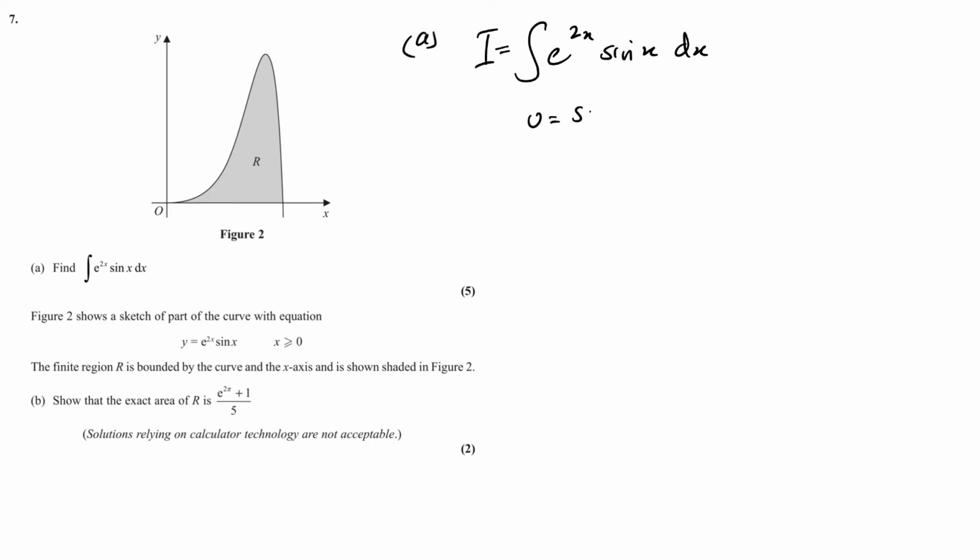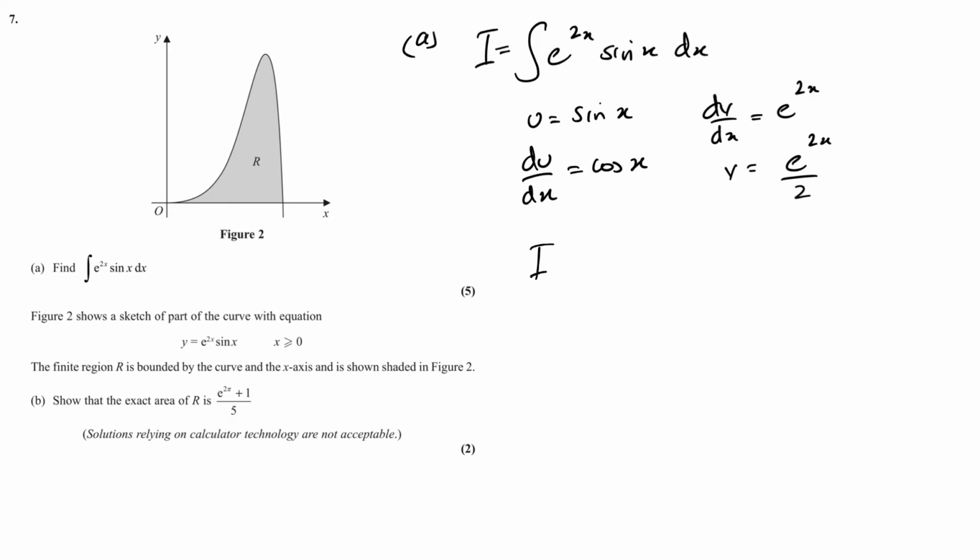If I do it this way, when I find v, I get e to the 2x over 2, and du by dx is cos x. If I did it the other way round, I'd end up with a minus sign and a multiple of 2. But it should always work out in the end.